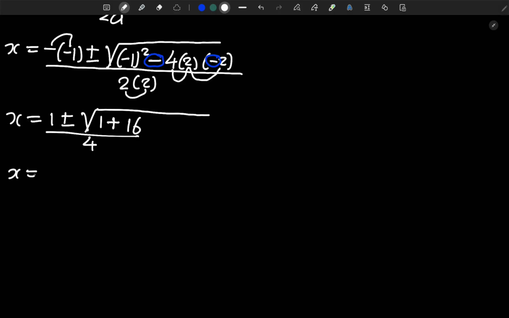Then we can add the numbers under the square root. So this will give us 17 over 4. Then at this point you get your calculator and you need to look at the square root of 17.